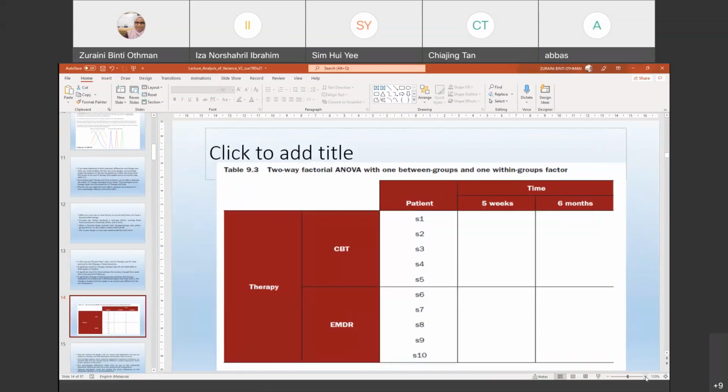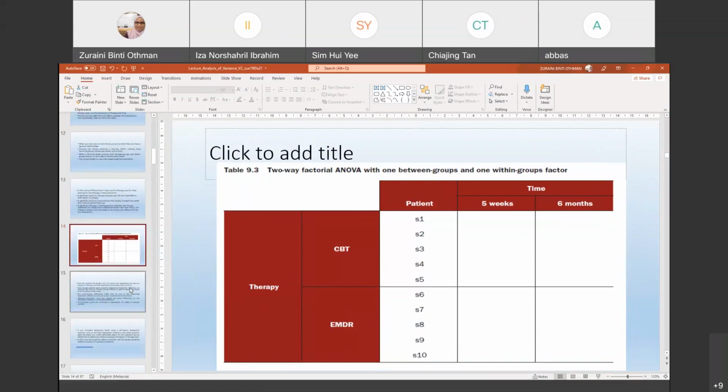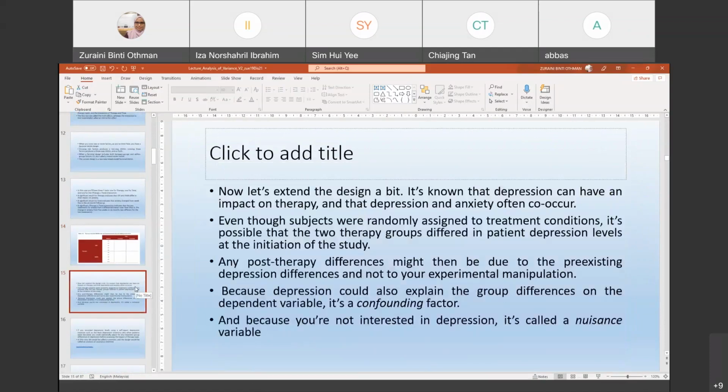Okay, now we want to extend the design a bit. It is known that depression can have an impact on therapy, and that depression and anxiety often co-occur.